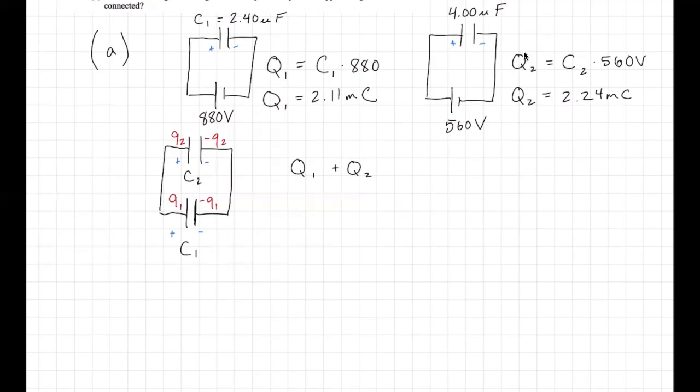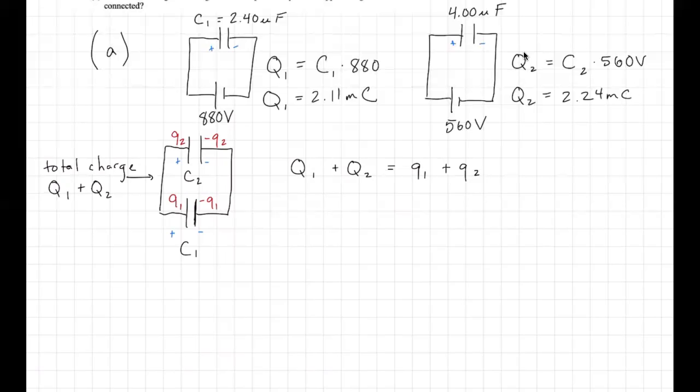So this wire has total charge of this. And all that's happening is that the charge is being redistributed because the physics has changed. And that means that whatever q1 and q2 are, they have to add up to the total amount of charge that was there before. The charge isn't going anywhere. It's trapped on that wire.